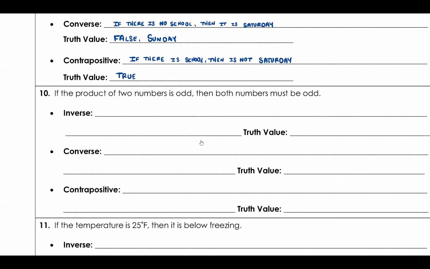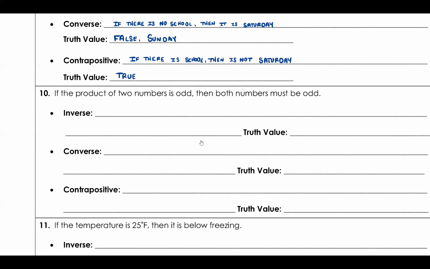All right. If the product of two numbers is odd, then both numbers must be odd. What do you mean no? Product. What's product? You're not stupid.